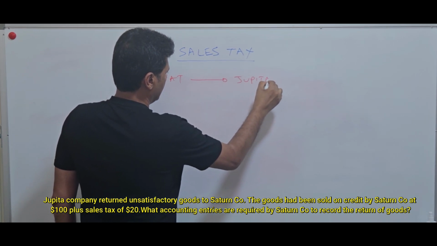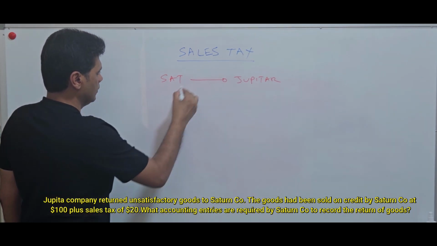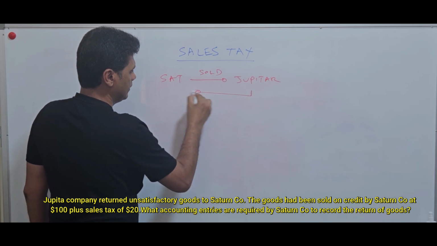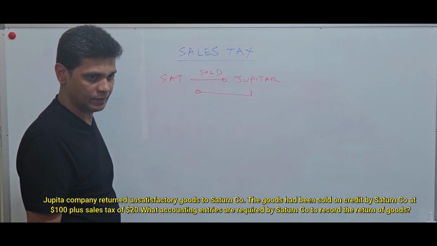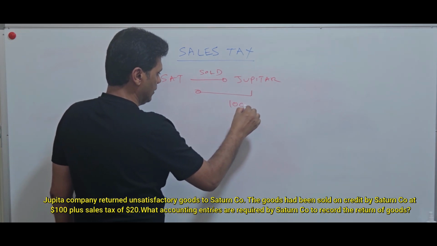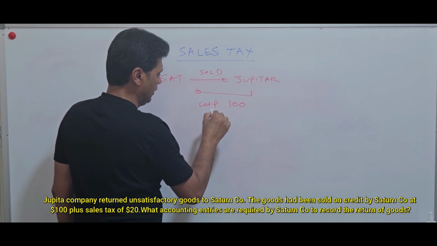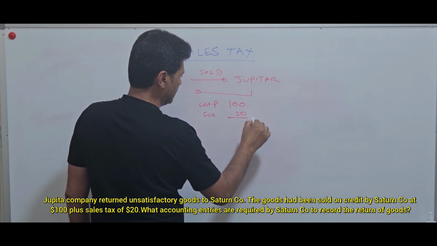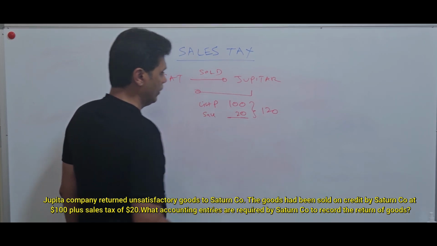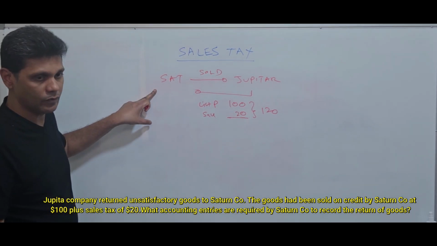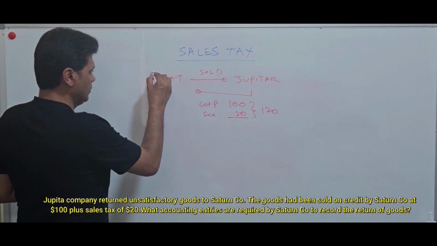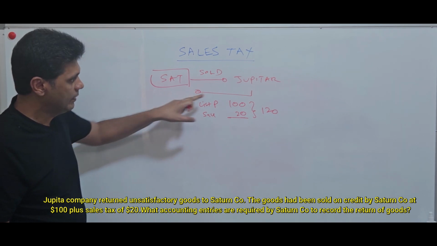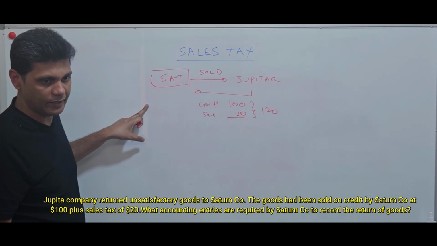Okay, now he is returning, right? How much? 100 is the list price. How much is the sales tax? 20. So he is returning a total of 120. In whose books do you have to record? Saturn's, the seller's book. In the seller's book, Jupiter will be a receivable amount, right?